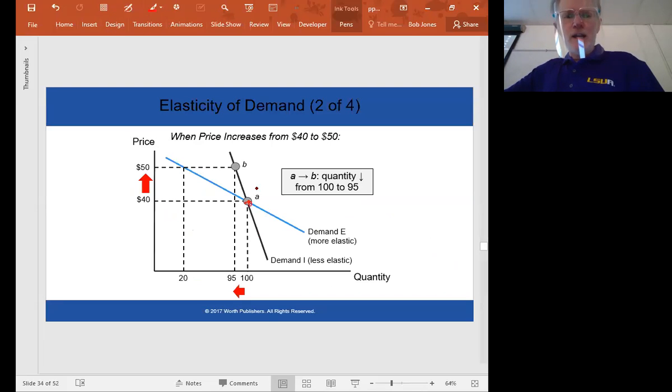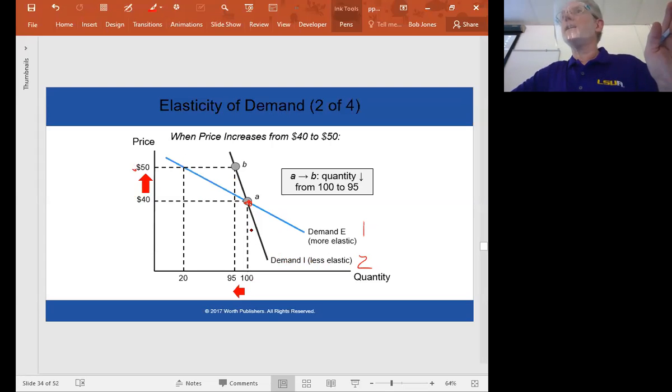Start out at point A. The price of this product is, I think that may be talking about oil. It doesn't really matter. At that $40 price, the quantity demanded is 100. In demand, it's supposed to be demand 1. I'm going to call this demand 2 and this demand 1, okay? In this second market, notice if the price goes from $40 to $50, what happens to the quantity demanded?